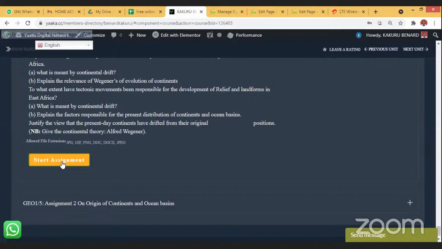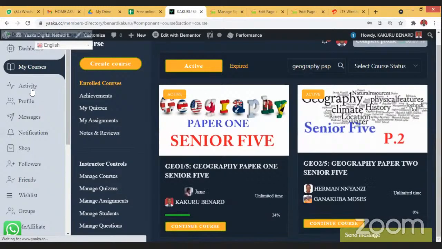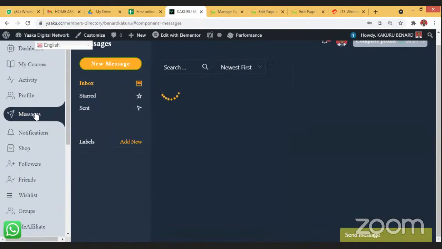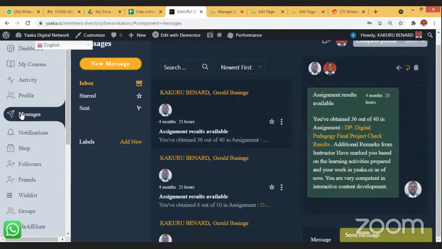The teacher will receive it on the same platform, go through your work, mark it, and the results are returned. When you go under messages, they will show you that, for example, you have scored 36 out of 40 in this assignment. So everything is within the system.